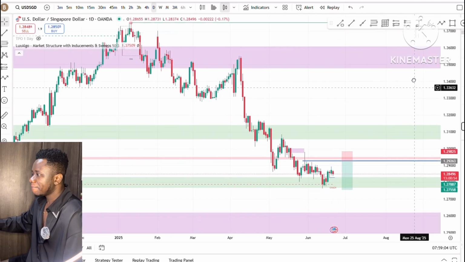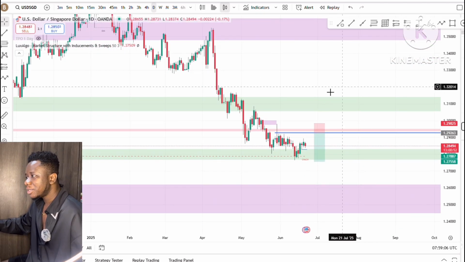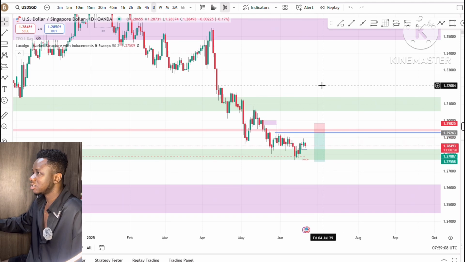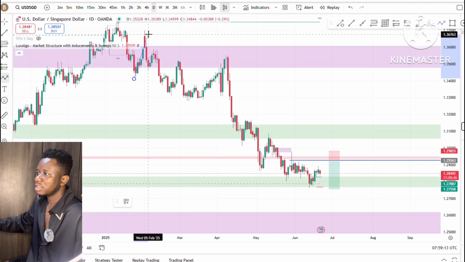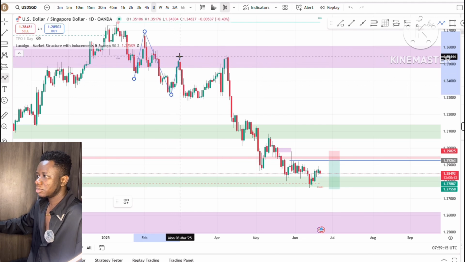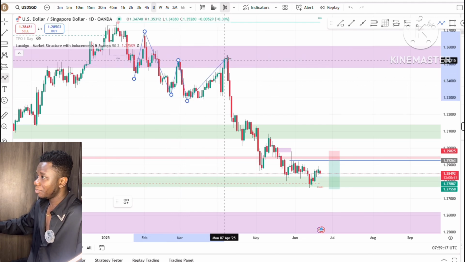Then again, on the daily time frame, pretty much the same thing. If you can see it well in the daily, you can see we are bearish.